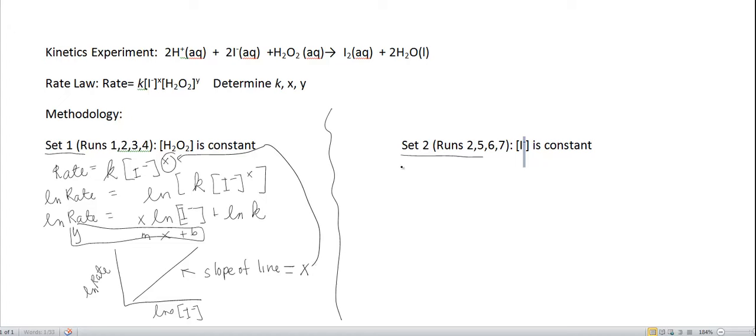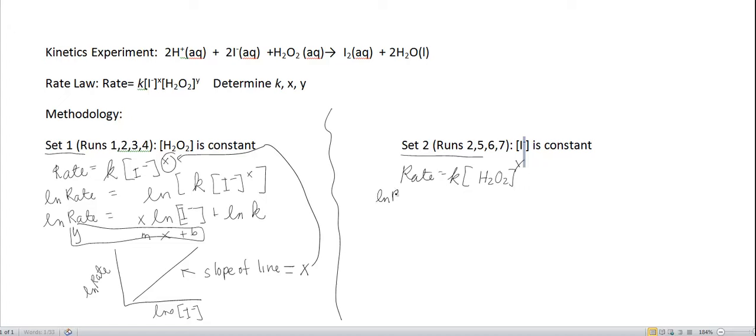Next, in set 2, iodide is constant, H2O2 is not, so the rate law becomes rate is equal to k times the concentration of H2O2 raised to the y. Again, we take the ln of both sides.